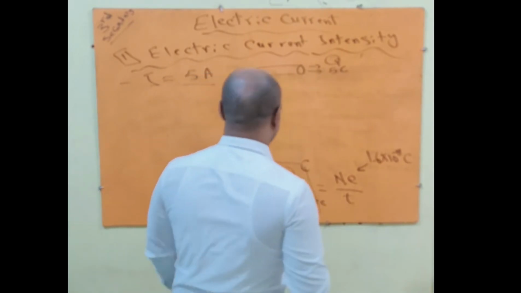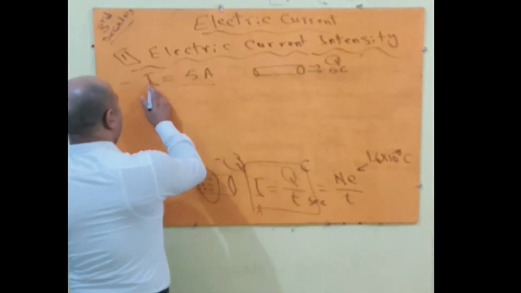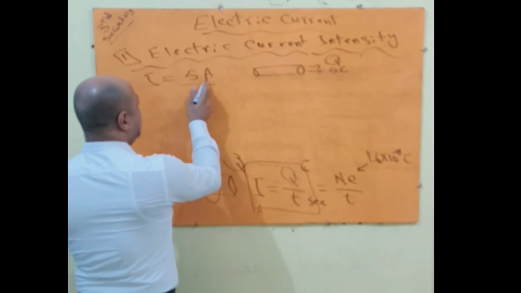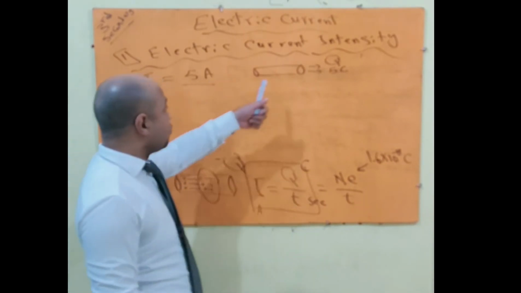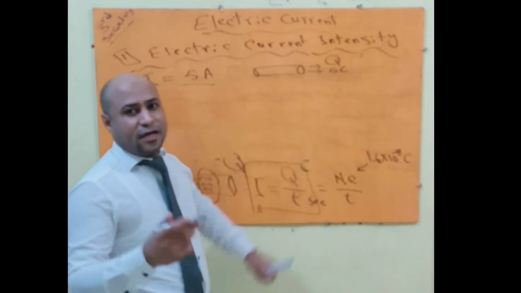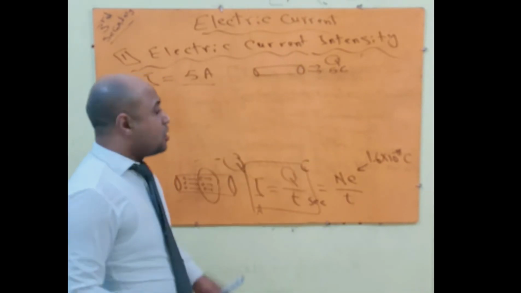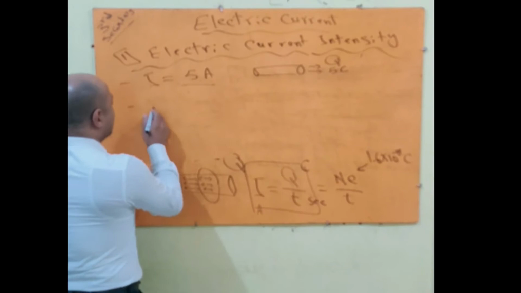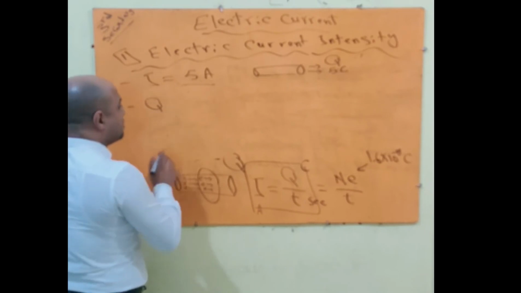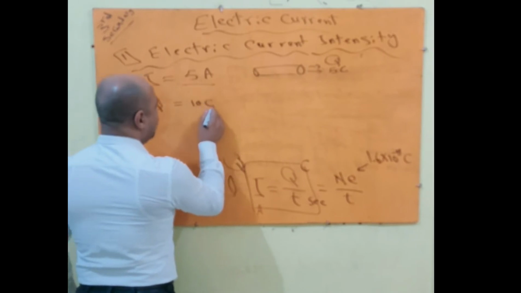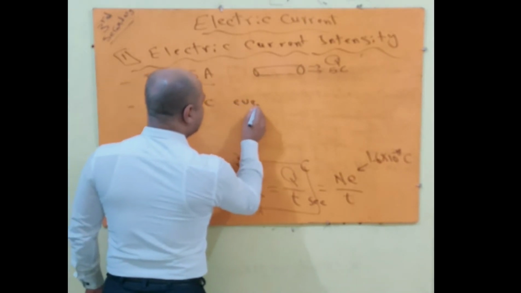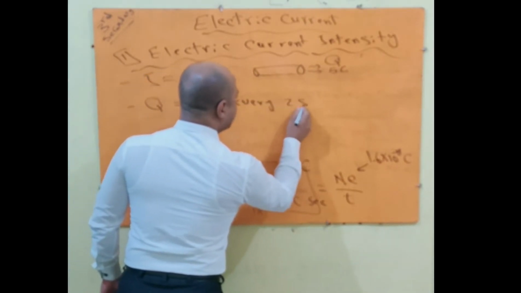Again, what's meant by electric current intensity equals 5 ampere? This means that the quantity of charges that flow through the cross-section area of this conductor in 1 second equals 5 coulomb. Now, what if the quantity of charges that flow through the cross-section area of the conductor equals 10 coulomb every 2 seconds?